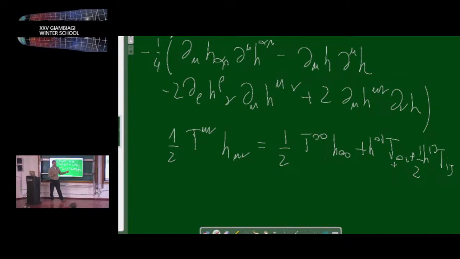For instance, in Schwarzschild, h00 is 2GM over R. This is the Newtonian potential generated by the source. This T0i, well, if the object has no angular momentum, is proportional to the velocity of the object. If the object has angular momentum, it is proportional to the angular momentum. But again, this is not radiating.